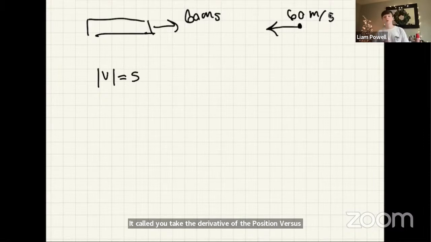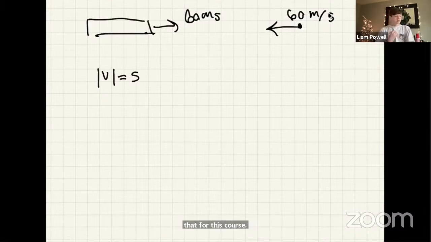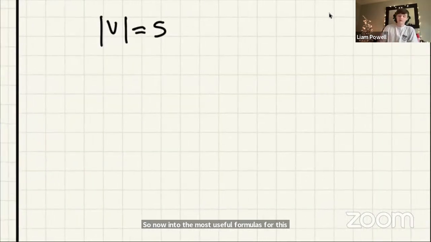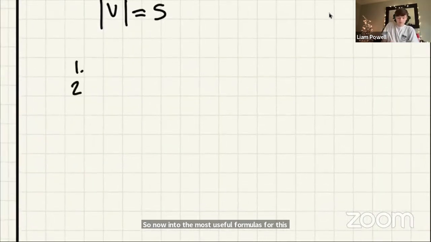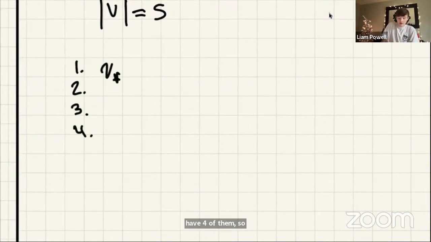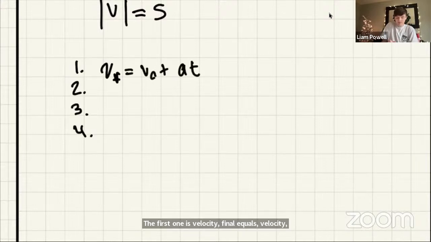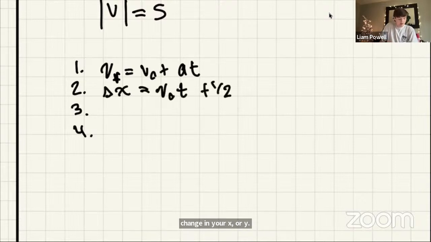So now into the most useful formulas for this. We have 4 of them. The first one is velocity final equals velocity initial plus acceleration times time. The second is change in your x or y is equal to velocity initial times time plus 1/2 acceleration times time squared.